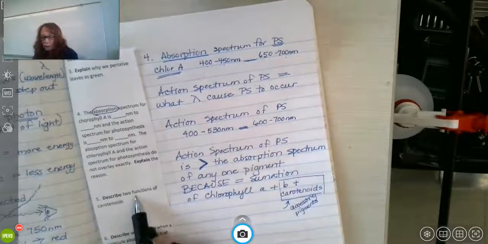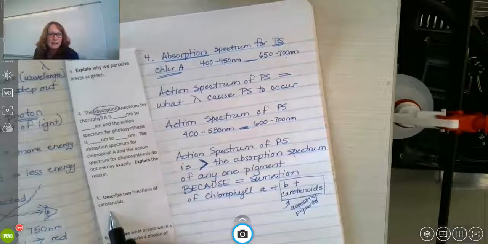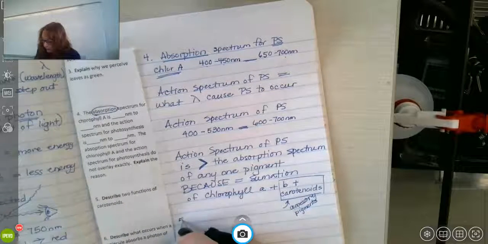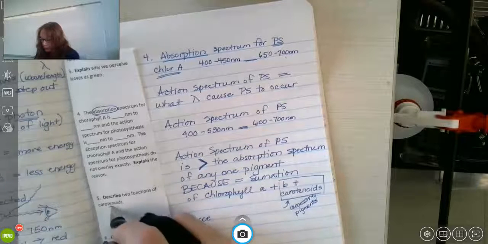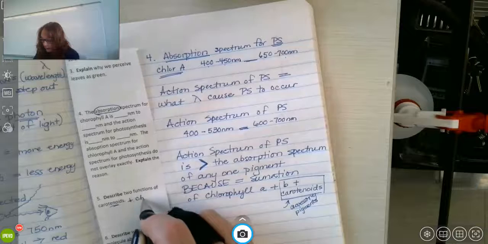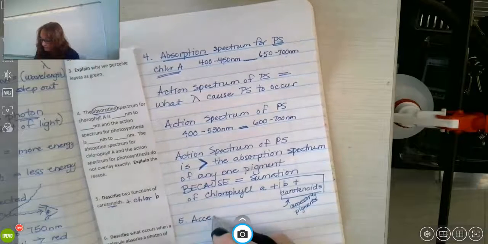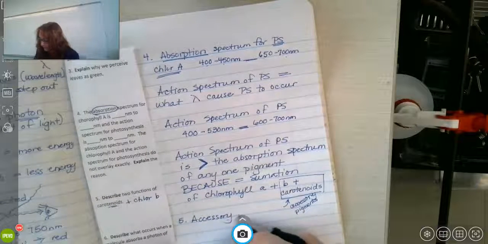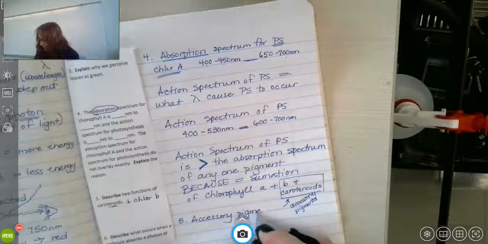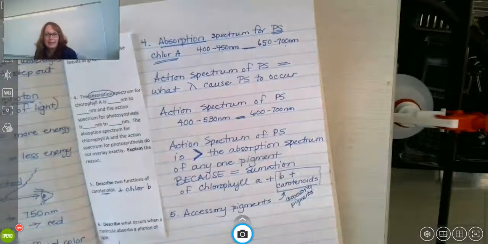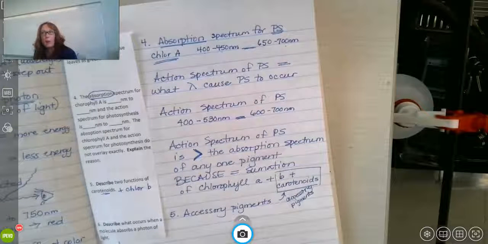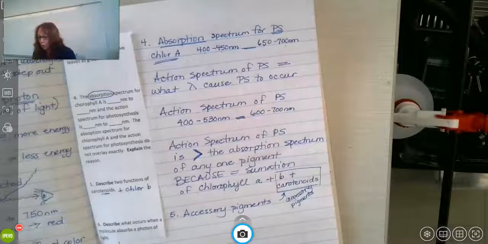So why do you have these accessory pigments? Accessory pigments, which is not just the carotenoids, that's also chlorophyll B. They contribute to and expand the wavelengths that photosynthesis can actually occur at.